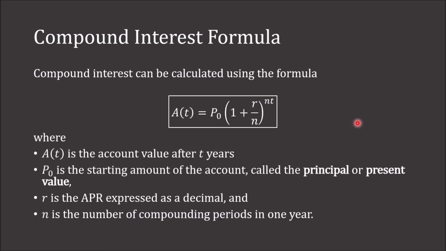And so here is our compound interest formula, where A of t is the account value after t years, P naught is the starting amount of the account called the principal or the present value, R is the APR expressed as a decimal, and N is the number of compounding periods in 1 year.